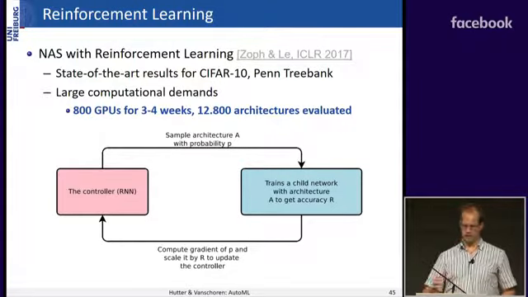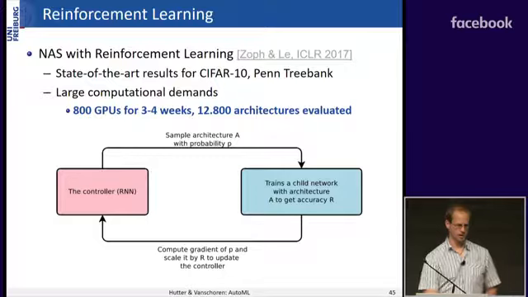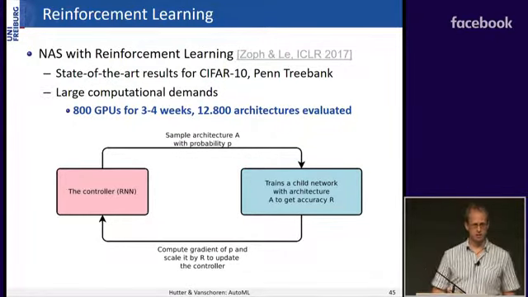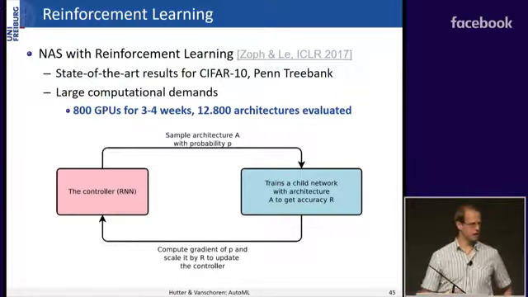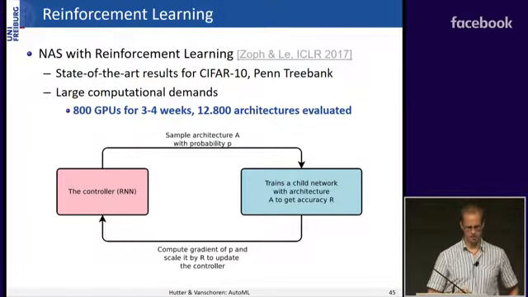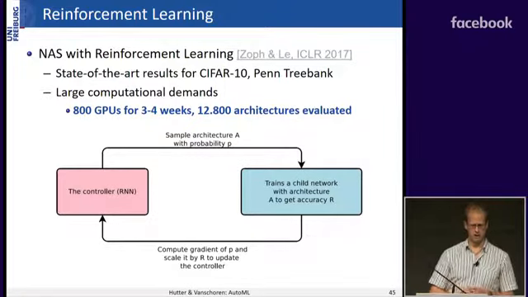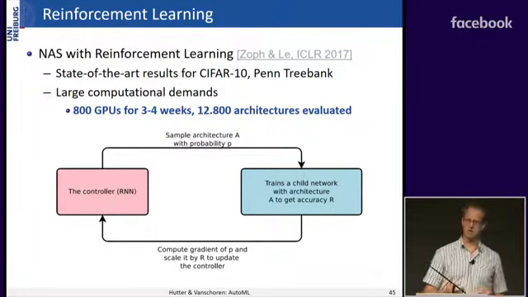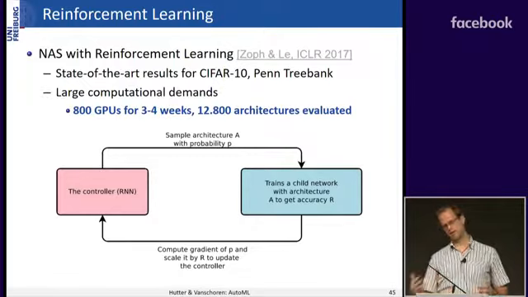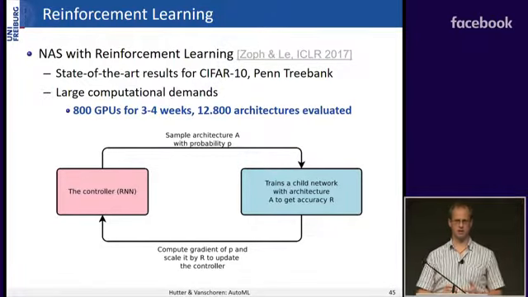And then they trained the child network with that architecture to get some accuracy, and used REINFORCE in order to train the parameters of the controller. This became really popular because they were the first to achieve state-of-the-art results on CIFAR-10 and also on a language dataset, Penn Treebank. However, they used very large computational resources, 800 GPUs for 3 to 4 weeks, 12,800 architectures evaluated, etc.